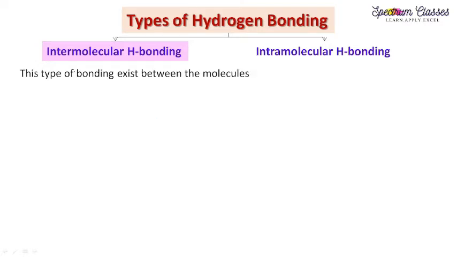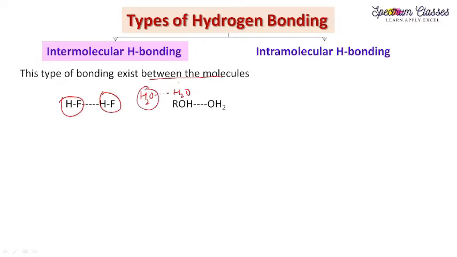Intermolecular means this type of hydrogen bonding exists between molecules, because some students have confusion here. This is one molecule, this is the second molecule, and here is the hydrogen bonding between these two molecules. Similarly, suppose I have H2O and H2O. Here is the hydrogen bonding between two water molecules.